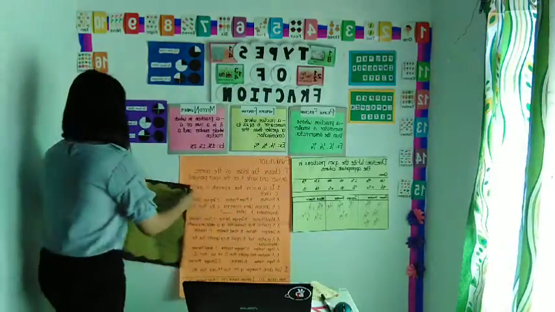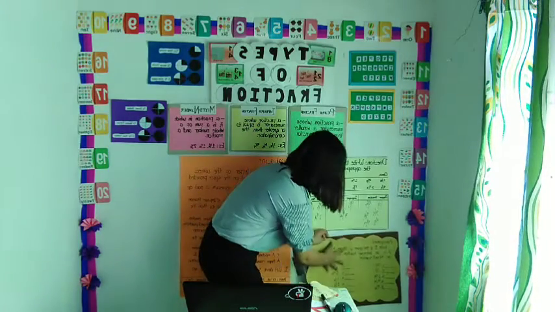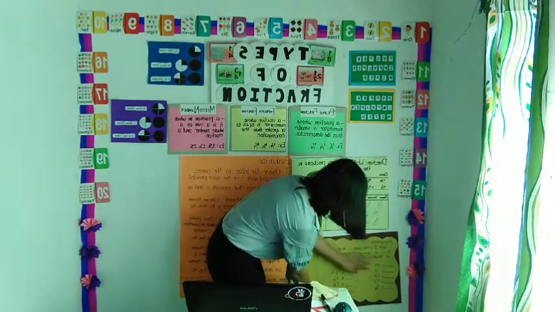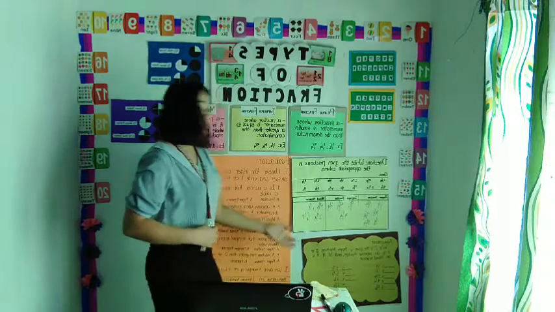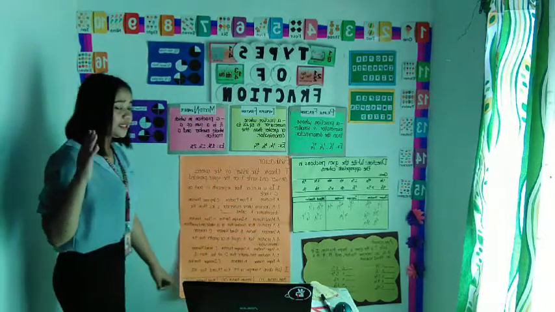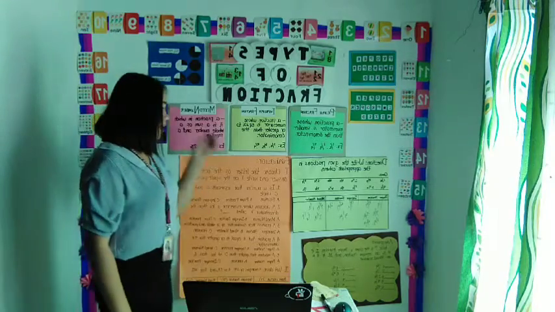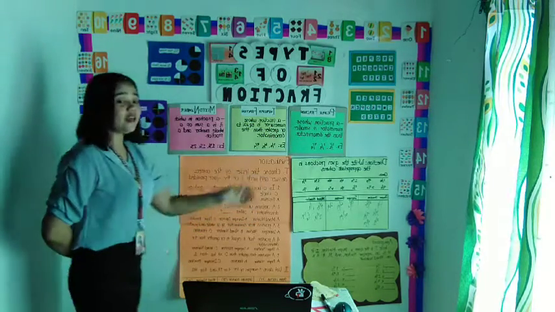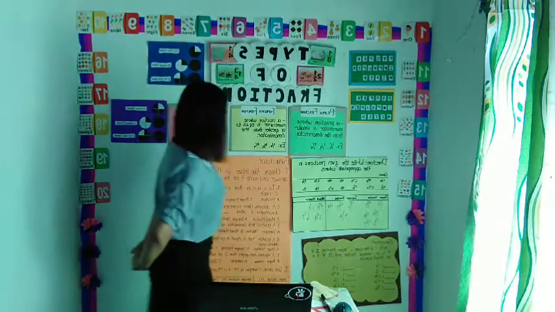And for your assignment, you need to write P if the given is a proper fraction, I if it is an improper fraction, and F if it is a mixed number.